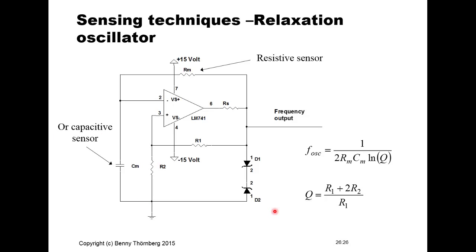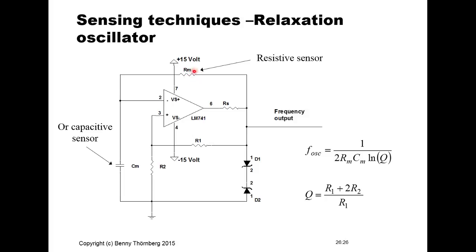This slide is showing the final method for interfacing sensors and connecting between the sensor and the measurement system. And it's a relaxation oscillator. It's an oscillator that is based on an operational amplifier, and its output will be a square wave oscillating frequency, and the frequency of this oscillator will be dependent on the two components, the measuring capacitance or the measuring resistance.